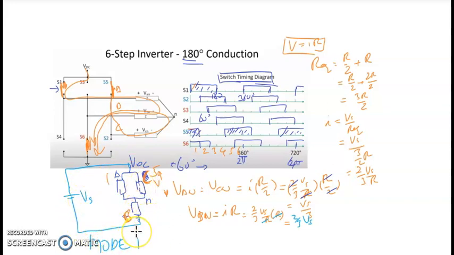So this settles mode 1. We have to solve for all the modes available for this sequence, which is modes 1, 2, 3, 4, 5, and 6. Once we compose the modes, we go to the charting of the line to neutral voltage and line to line voltage.